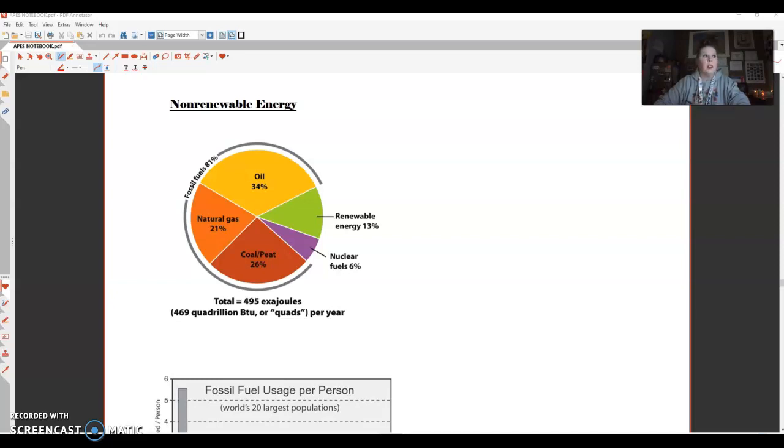Now, looking at non-renewable energy. Okay, so this is energy that once it's used up, it's gone. We can't replenish it for billions of years. So let's write down the definition of non-renewable energy.